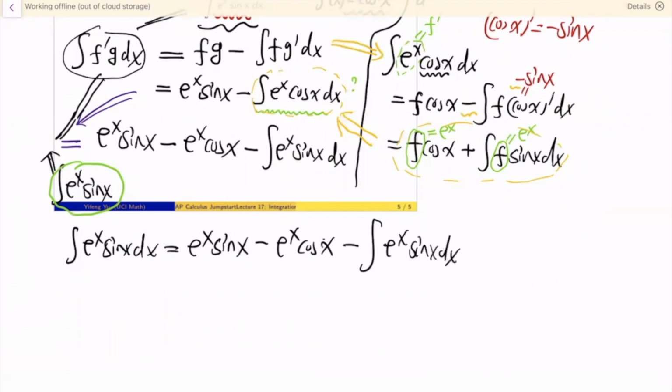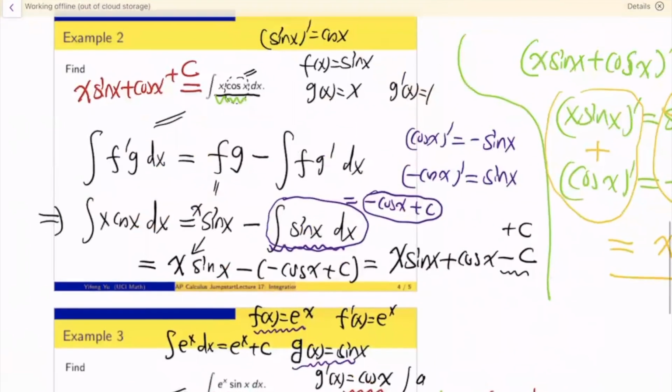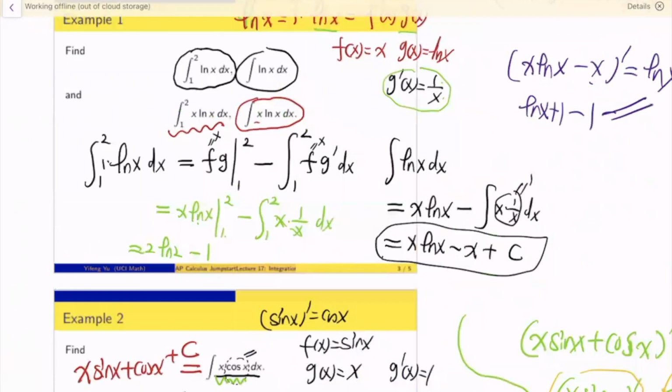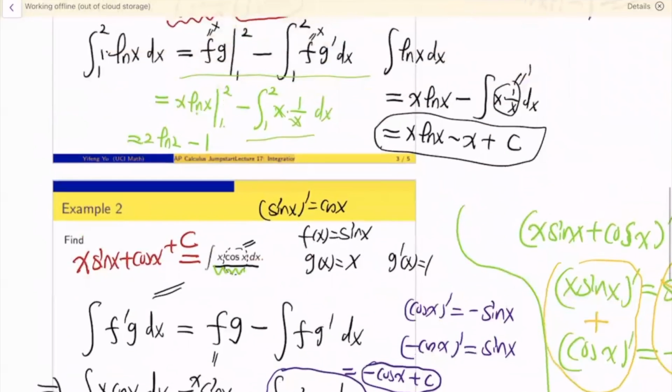Now the point here is that, although we don't get rid of this, it is different from what we did for the previous two examples. For those, after applying integration by parts, we eventually reduced it to something doable.